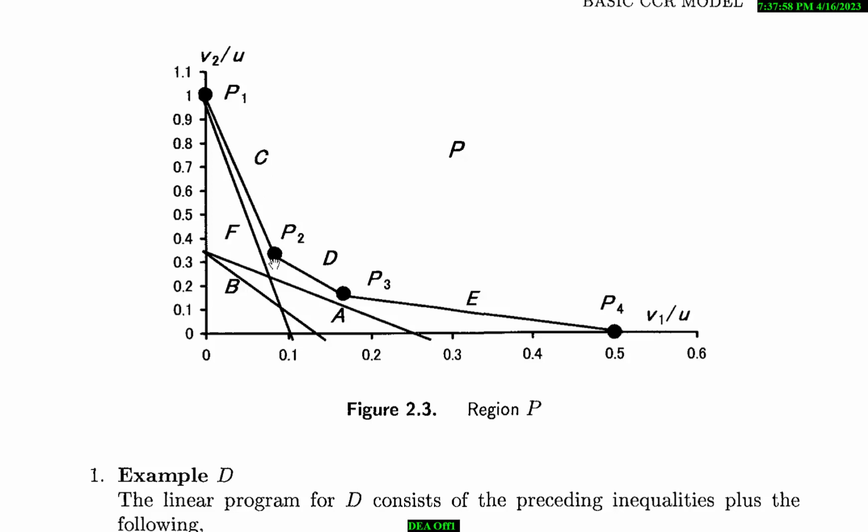For C, you see also P1 is optimal, where the first weight is 0.